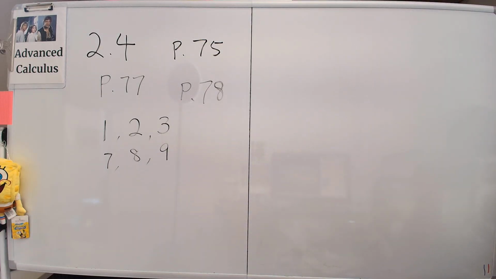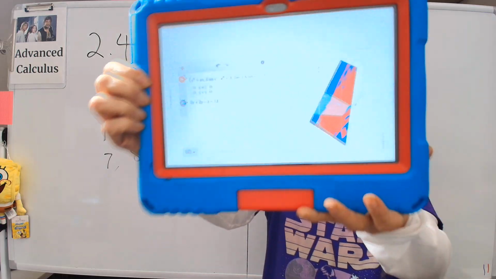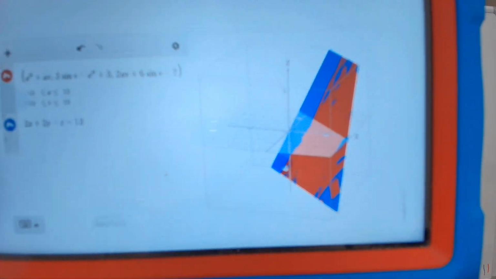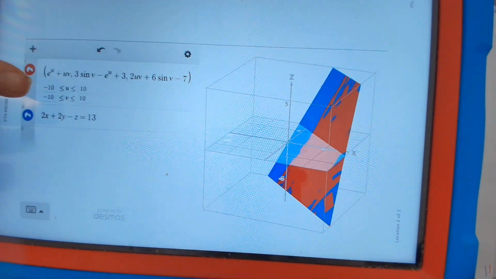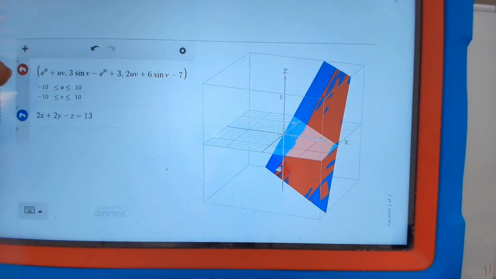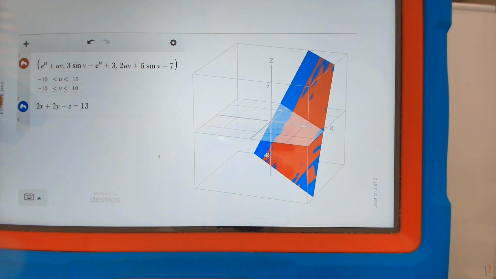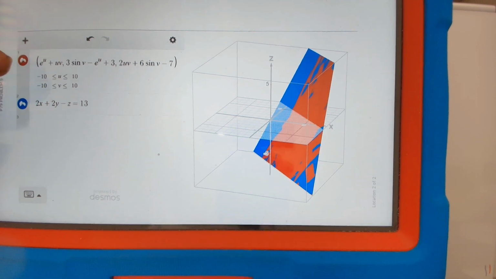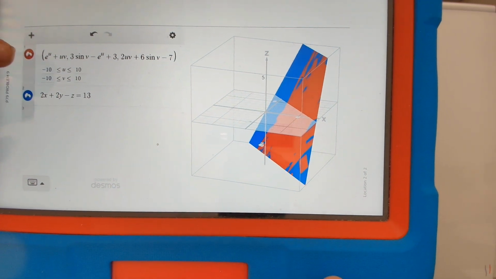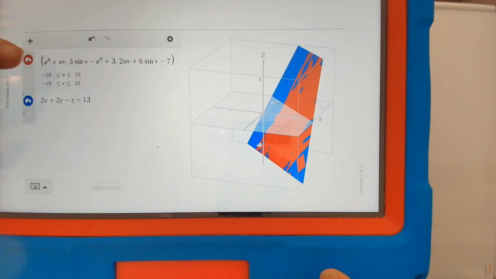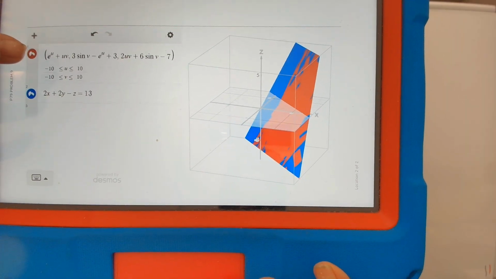I have it drawn right here on the Desmos calculator. As you can see, the red one is the original representation, and the blue one is the one I cranked out. You notice they superimpose. They are exactly the same, except that the red one doesn't spread to the whole blue screen because the red one has a sine in there.